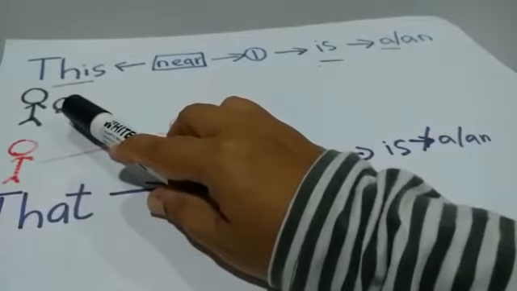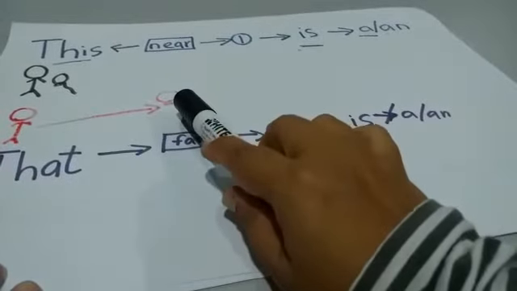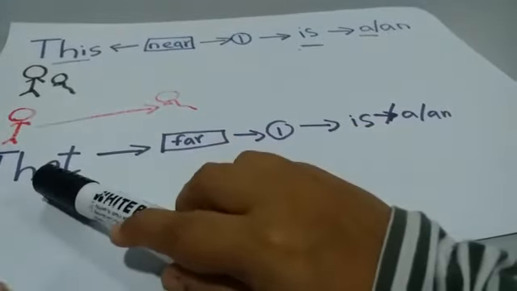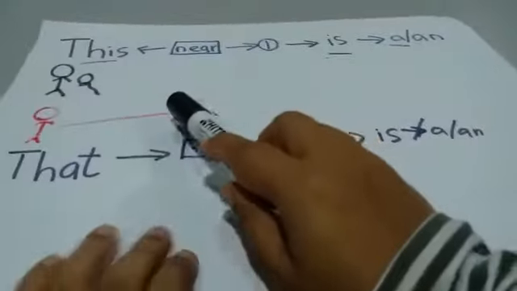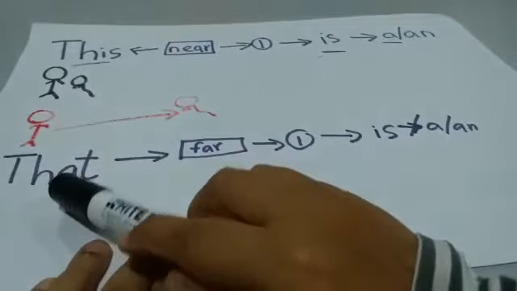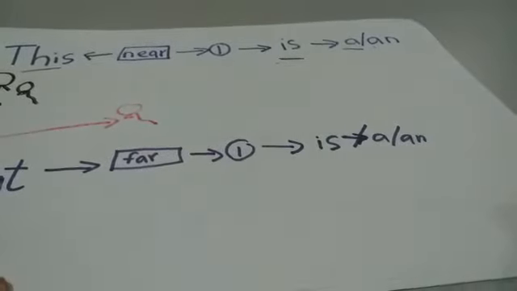And now if there is one object far away, you have to use that, and for that you have to use that is a. In this one it's a balloon, so you are going to say that is a balloon. If it is one object, you don't have to use an s. You just use the name of the object.